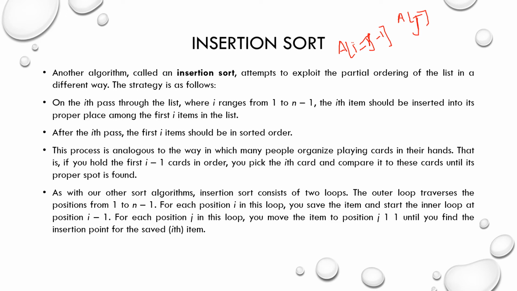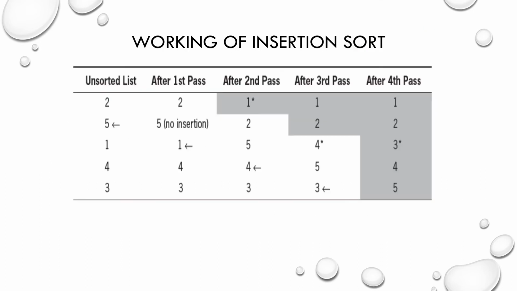How it is working, just see. For example, this is the unsorted list given: 2 5 1 4 3. If there is only one element in the insertion sort, then it will already be in sorted order. Then when the next element 5 comes, we compare it with the element 2.